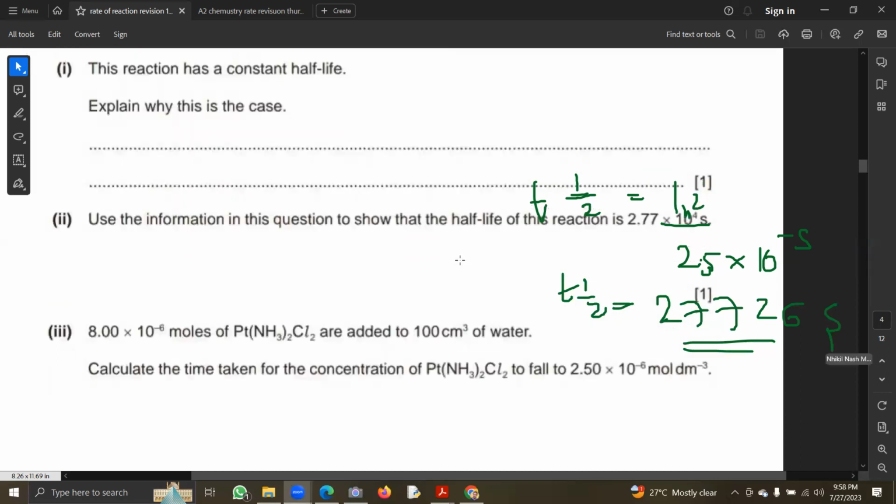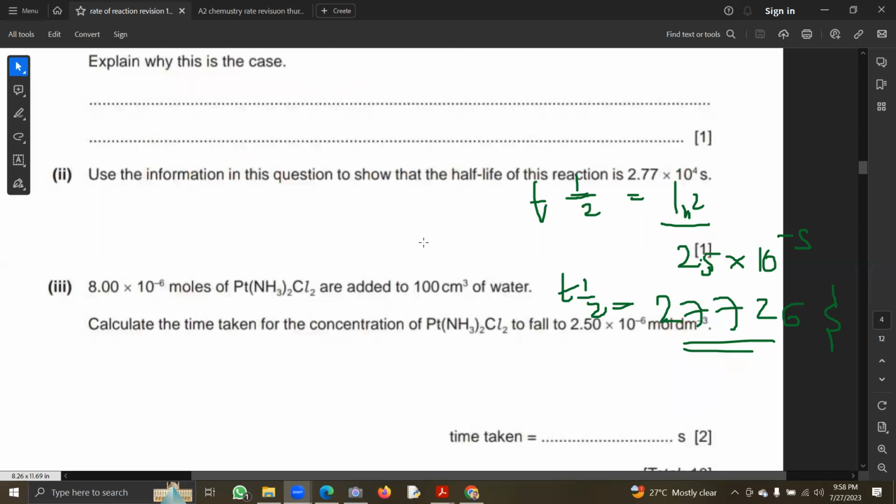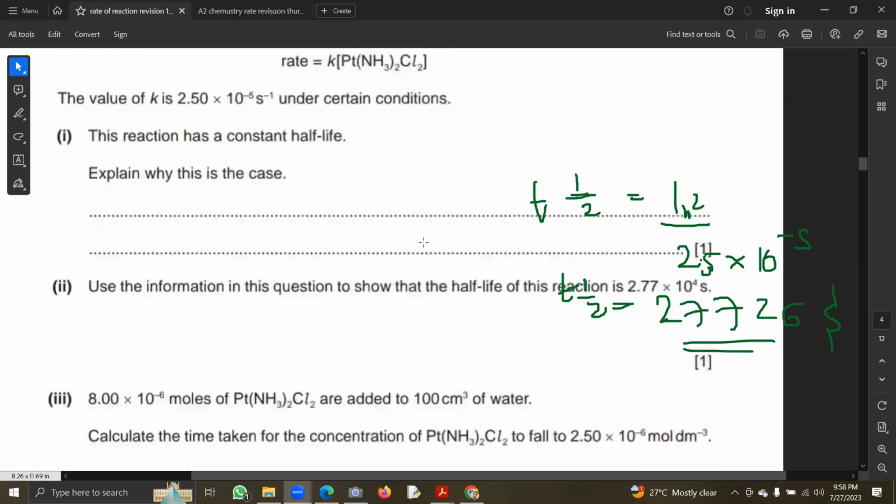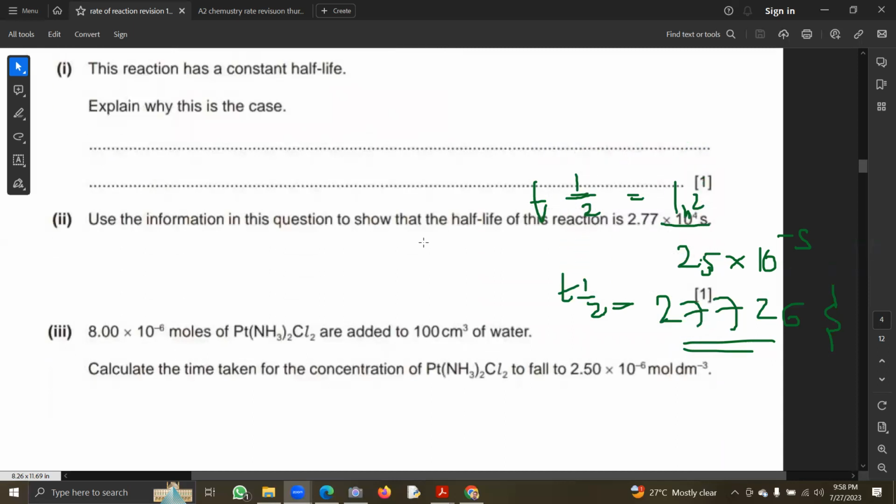So the half-life is in seconds, sir? Yes, seconds. They gave the half-life because otherwise we can't do the next part. We found the half-life.